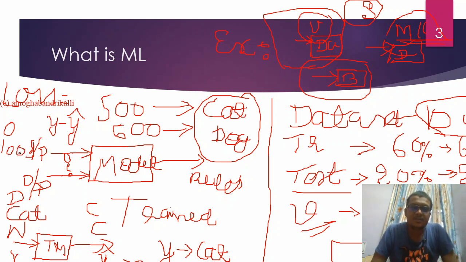Like this we take 10 to 15 scenarios, and in them we find the mean square error. Mean square error means we take the mean, square it, and take the square root of it.